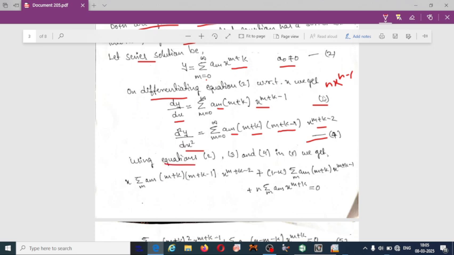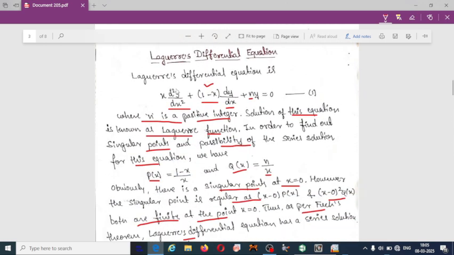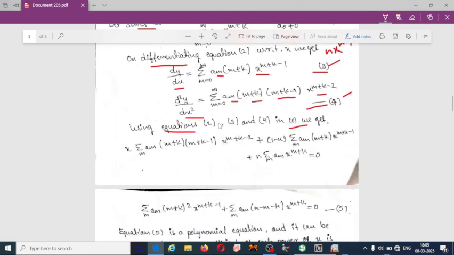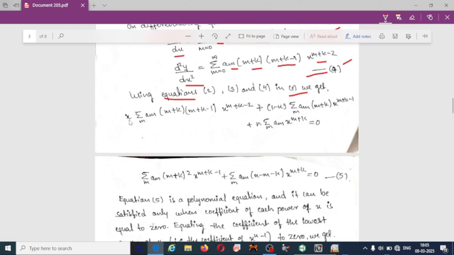Using equation 2, equation 3 and equation 4, we have to substitute them in equation 1. Equation 1 consists of d squared y by dx squared, dy by dx and y. All the three values we can substitute in equation 1. So we can write like this.